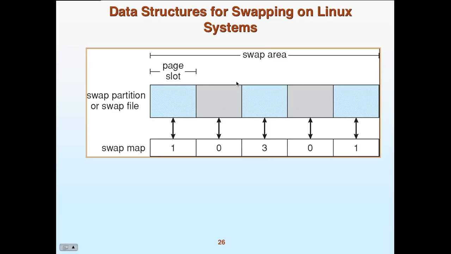So the swap space is just formatted identically to the virtual memory. And how it's done is done through the operating system configuration. So the swap partition or swap file is kept, and it kind of mimics, so there's a one-to-one connection that goes on between the virtual memory, the swap map, and the swap area. So we can easily swap things in and out.